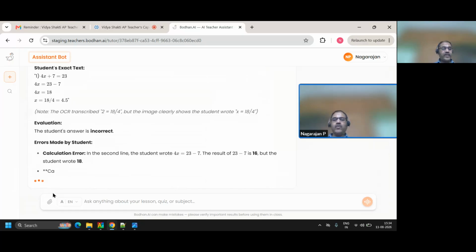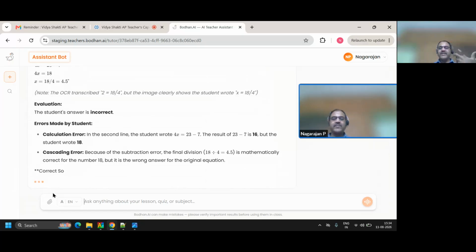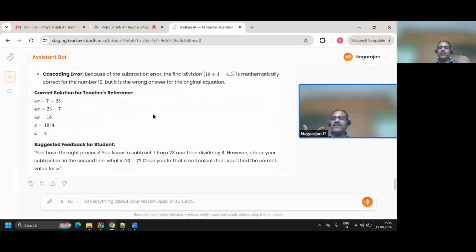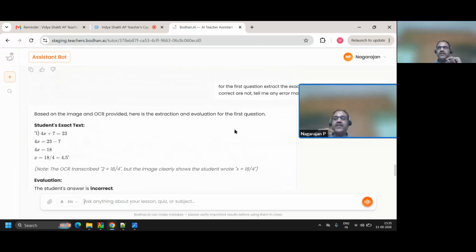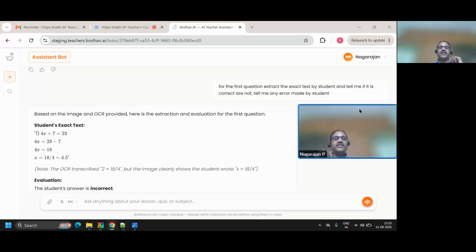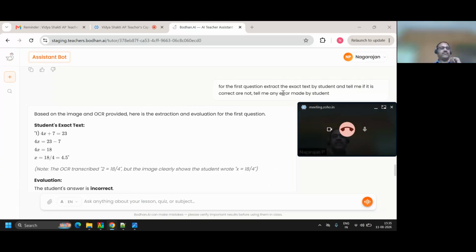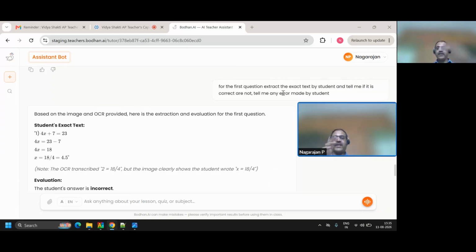Typically, this is what we are saying. The OCR or the LLMs try to answer politely. Now I asked very clearly: steps are correct, tell me whether the answer itself is correct, tell me if there is any error. I have combined both the prompts in the first itself so that one prompt will solve it, just to do the demonstration.